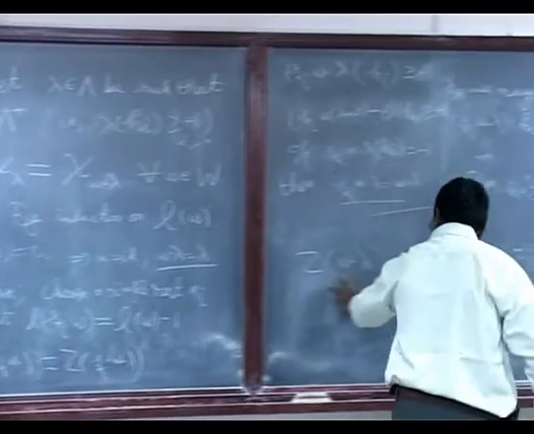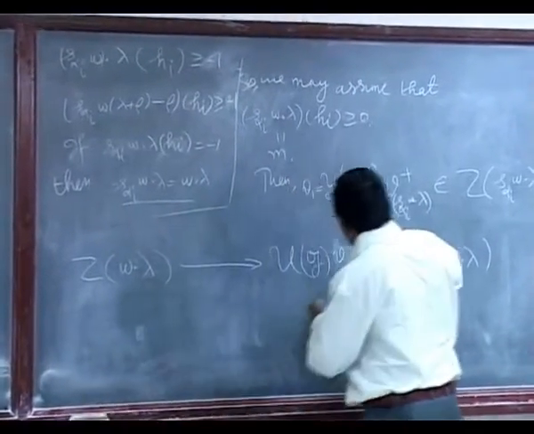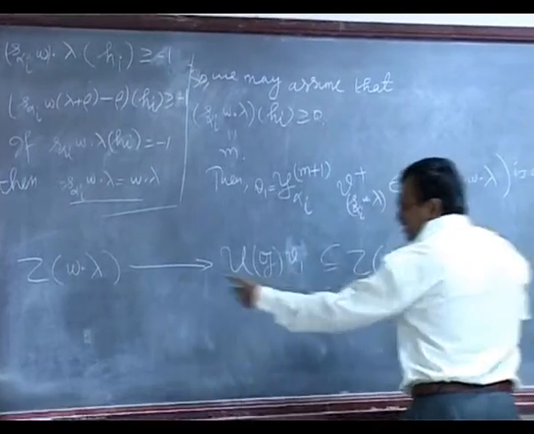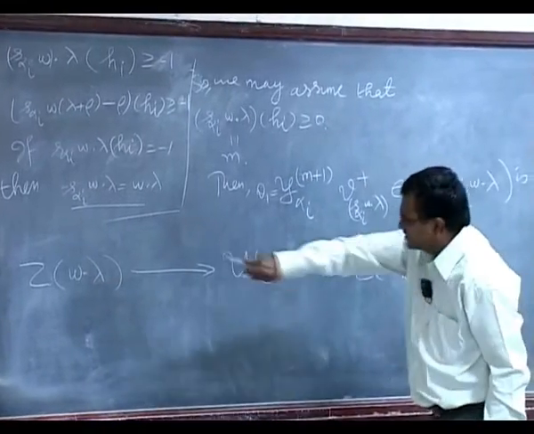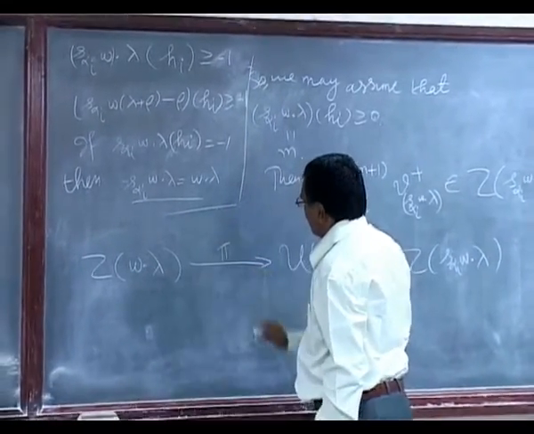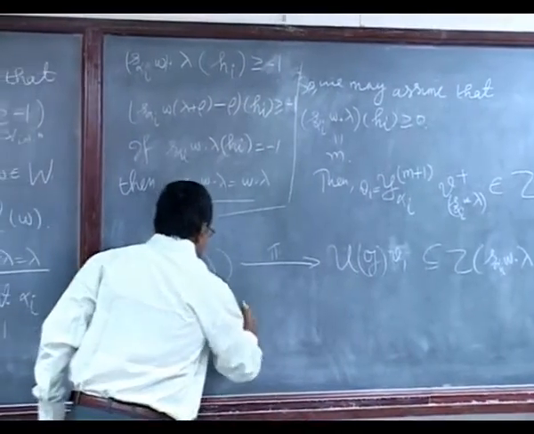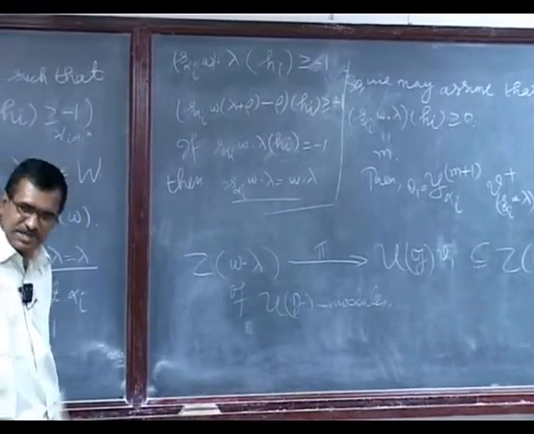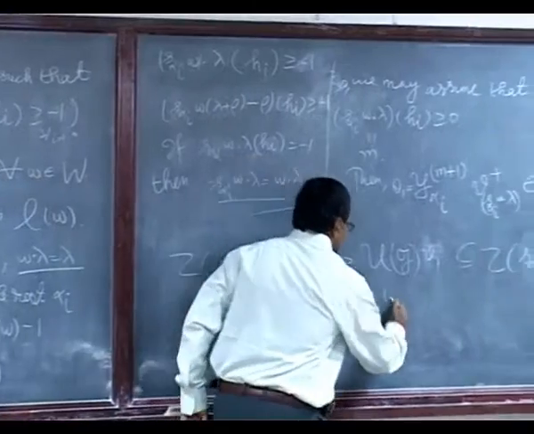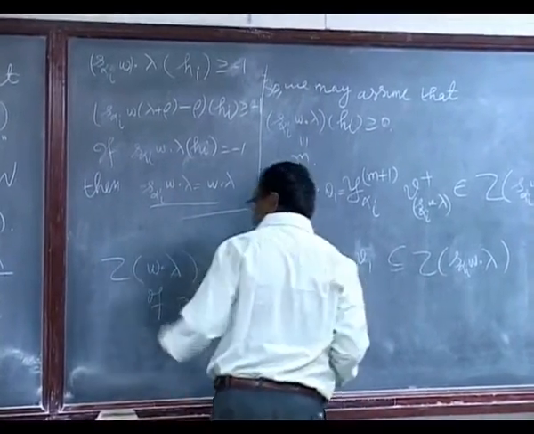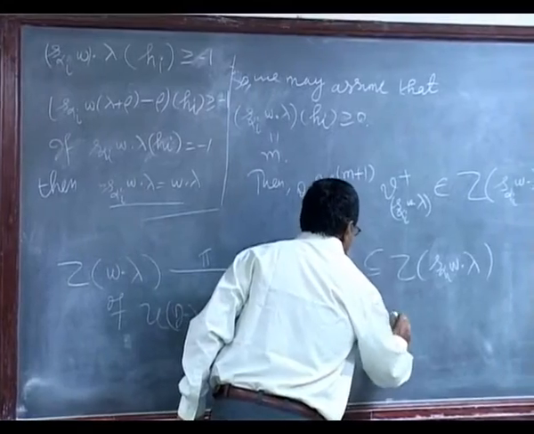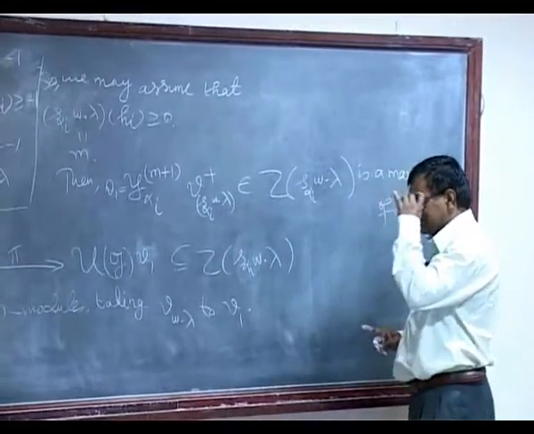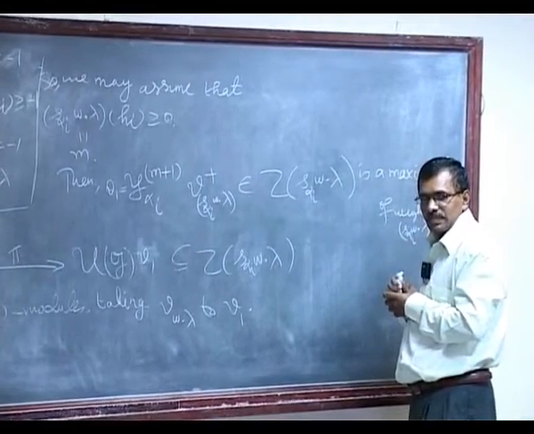In that sense it has the property that if you have a maximal vector in some other module with weight equal to this weight, then there is a surjective homomorphism of U(g) modules, taking v_{w dot lambda} to v1, that cyclic module to this cyclic module.